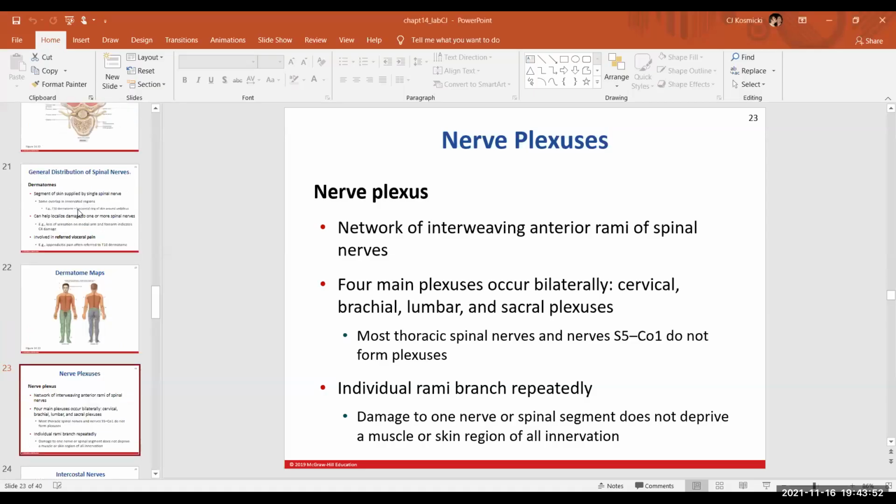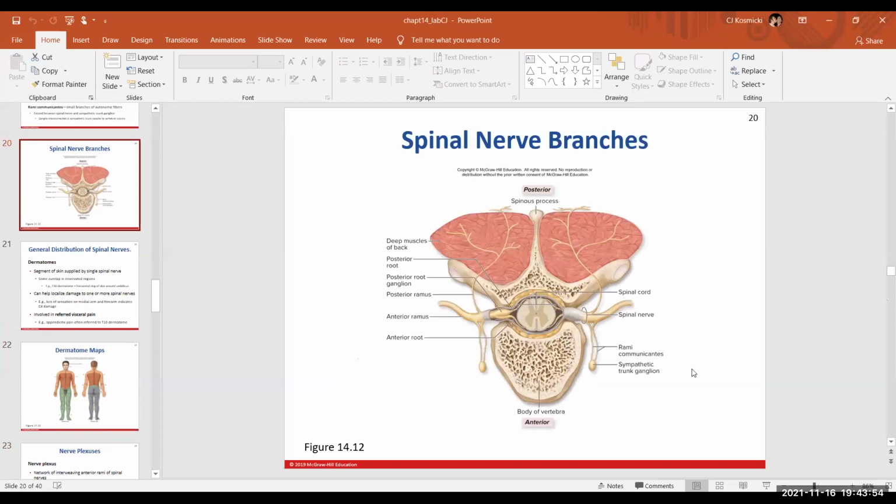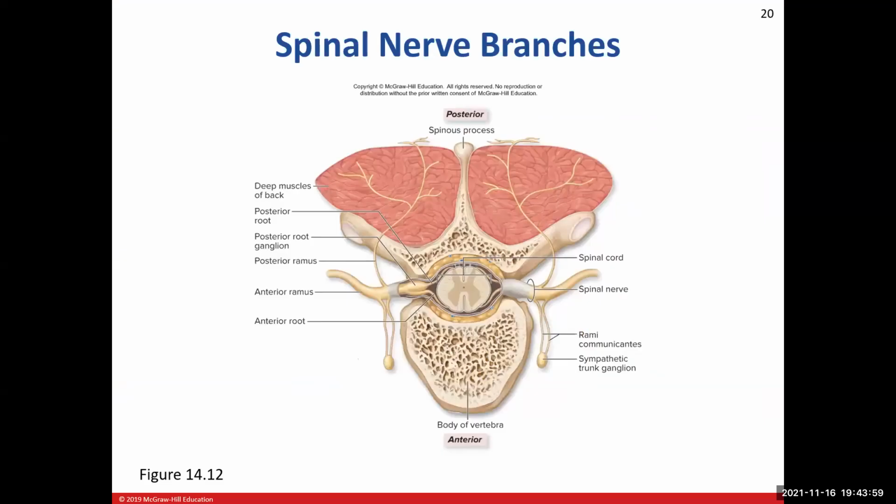Okay. So I quickly just wanted to review this one part here before I get into today's material, when we're talking about the spinal nerve branches. Just to discuss a little bit as we're talking about our central nervous system and peripheral nervous system.